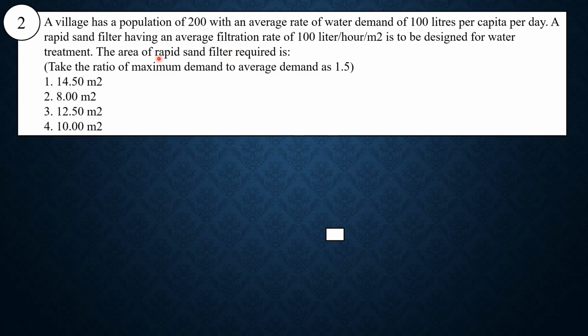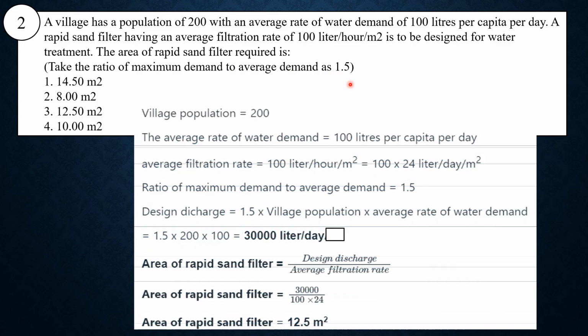Okay, so first write down the given data. The ratio of maximum demand to average demand is 1.5. Village population is 200, the average rate of water demand is 100 liters per capita per day, and the average filtration rate is 100 liters per hour per meter square.